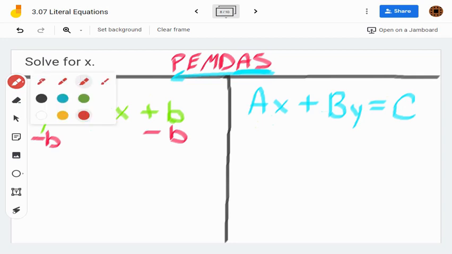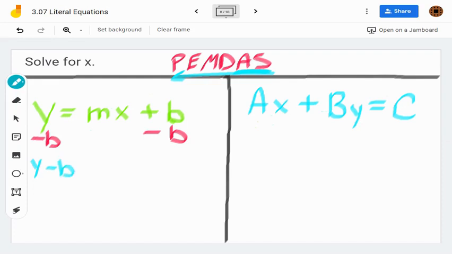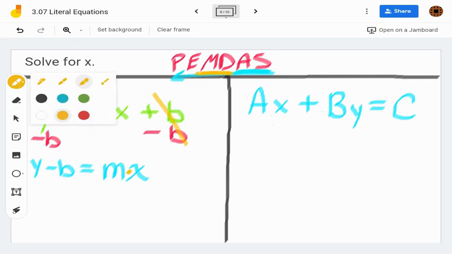Okay, so now we would have y minus b on the left equals m times x on the right. I forgot to cancel out the b's, but they do cancel because they're inverses. So we did the addition, subtraction, moving backwards. Now we're looking at multiply, divide. This is multiplication of x by m.